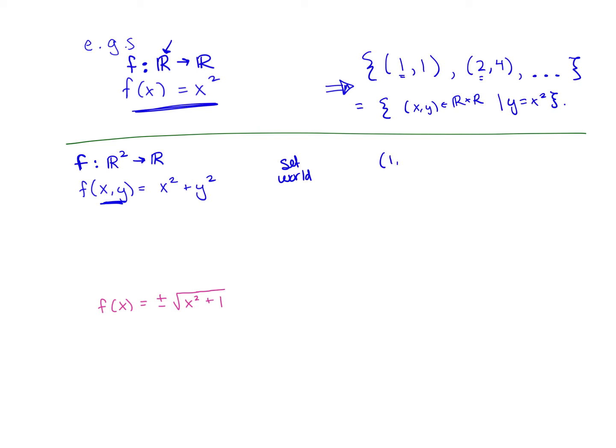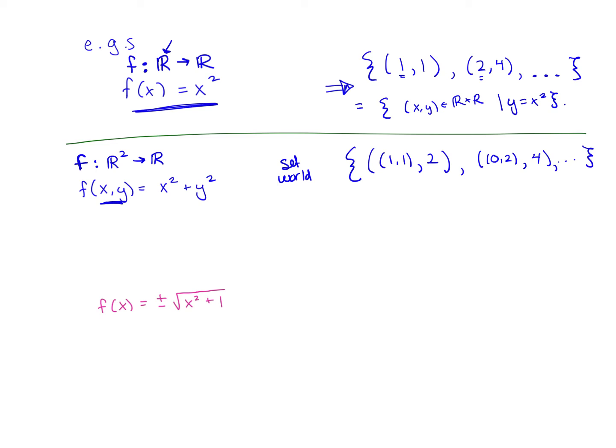So maybe I take in 1 and 1, and I output the squares added together, which is 2. So this is going to be my ordered pair. So it's an ordered pair where the first element is also an ordered pair of that x and y. I can take in something like 0 and 2 and output 4 and so forth.